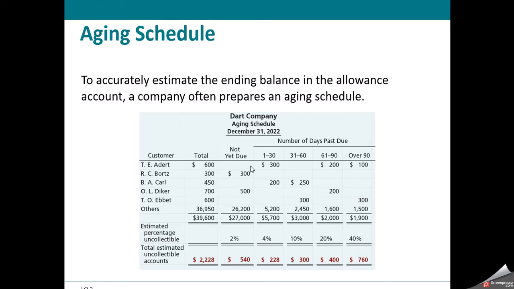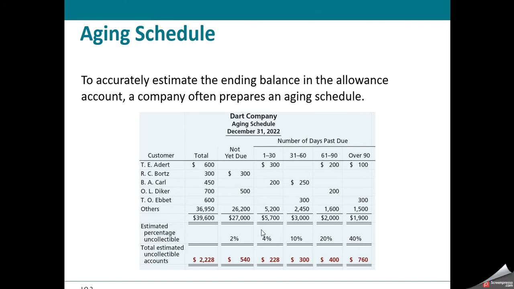Because obviously, if it's not due yet, these people are probably going to pay us. I mean, we should feel fairly confident that they will pay us. When we come over to these ones, it's been 3 months and we haven't seen any payment. There's a far better chance that those people are not going to pay us. So then you can see the percentage goes up. So this is a little bit more complex than just the accounting manager estimating it.